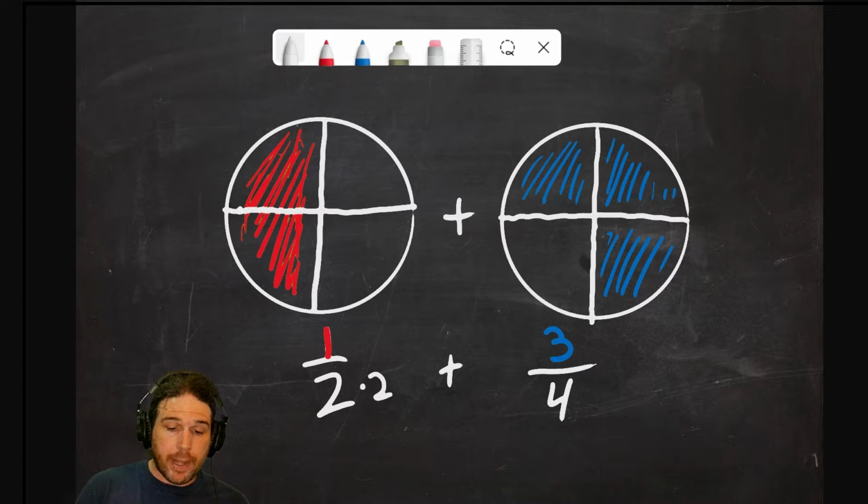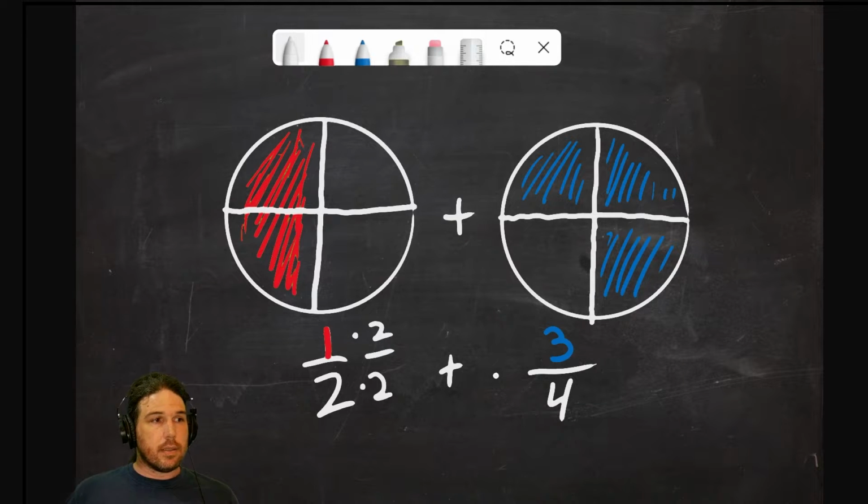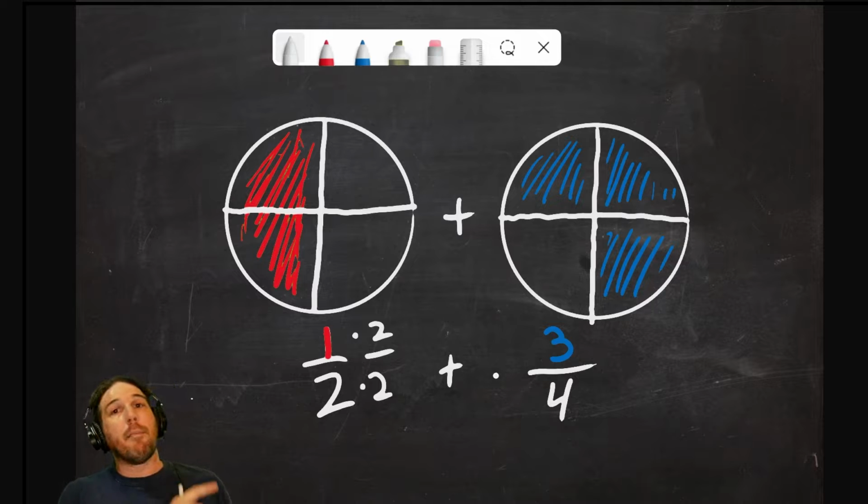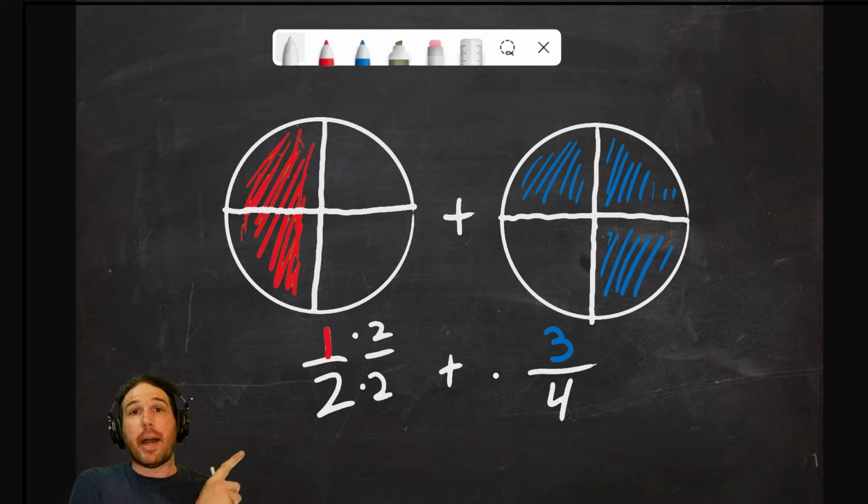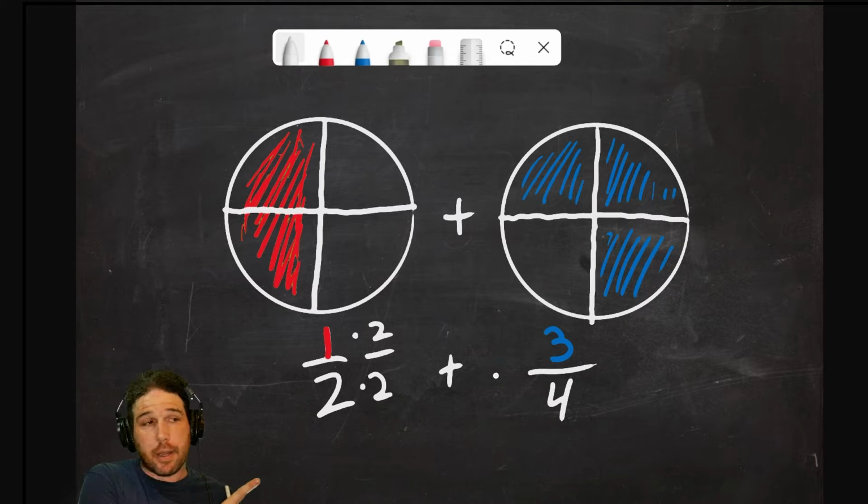I also, by cutting the piece that we've got in half, doubled that as well. I doubled the number of pieces I've got. I doubled the number of pieces that the pizza is actually cut into. So in effect, I am multiplying this 1/2 by 2 on the top, because again, I'm cutting the actual piece I've got into 2, divided by 2 on the bottom, because again, I'm taking the whole pizza and cutting it one more time in half.